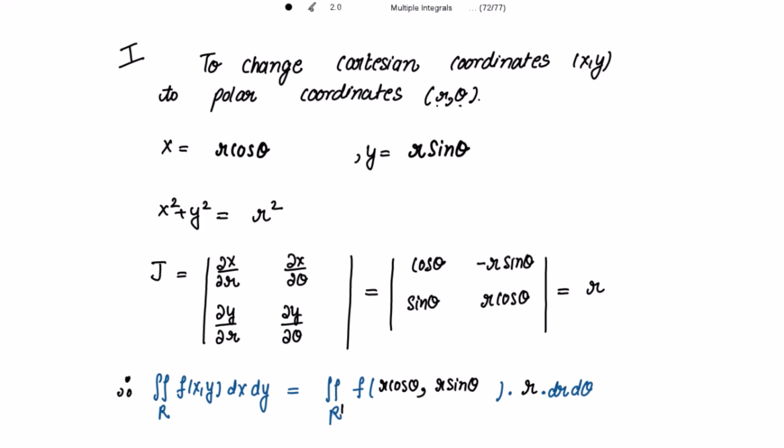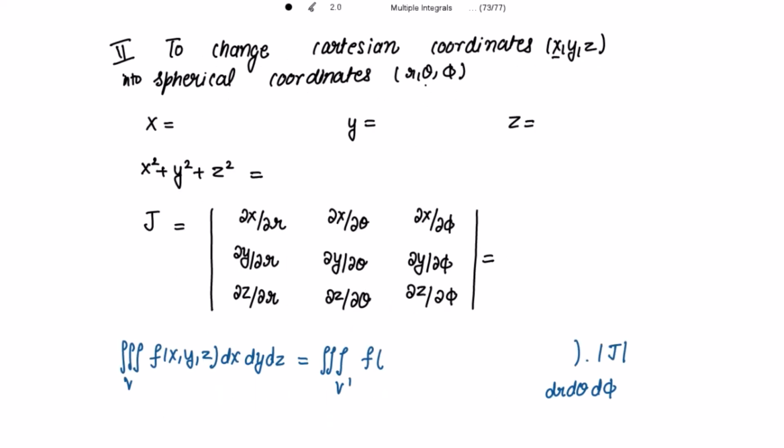Alright? Okay. Next one is to change the Cartesian coordinates x, y, z into spherical coordinates r, theta, phi. So for this, your x is, you just have to learn these, right? x is r sin theta cos phi, and then y is r sin theta sin phi, and z is r cos theta.